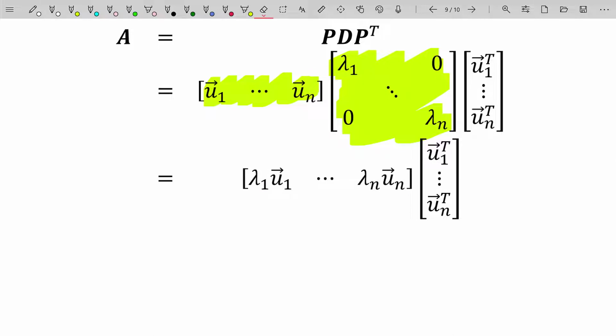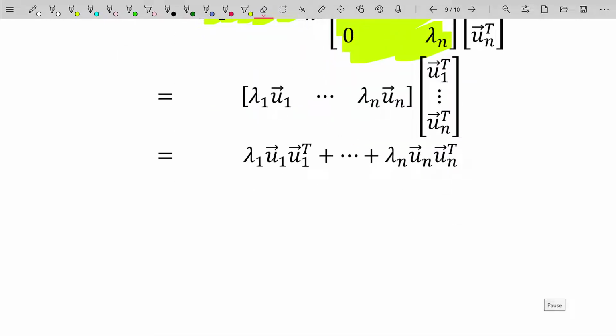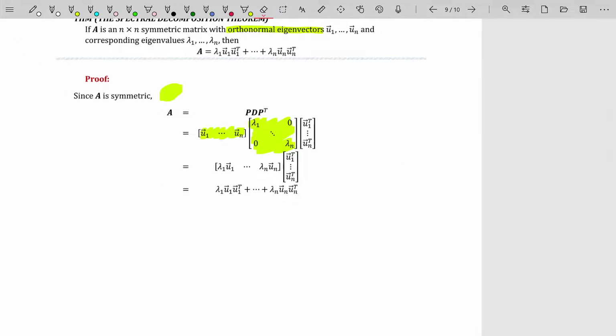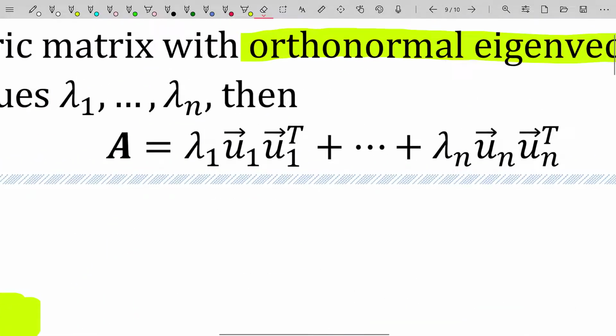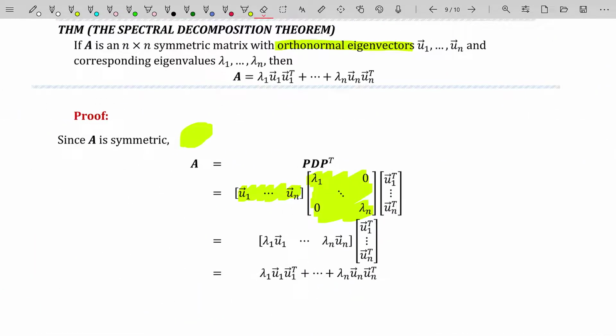And then finally, this matrix product you can write as lambda sub 1 u sub 1 times u sub 1 transpose plus so on and so forth down the line to lambda sub n u sub n u sub n transpose. And that is actually the proof. A is actually equal to this linear combination of matrices right here. It's actually not too terrible. Most textbooks have it kind of written in a sidebar or something like that.